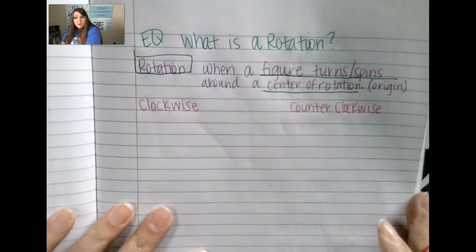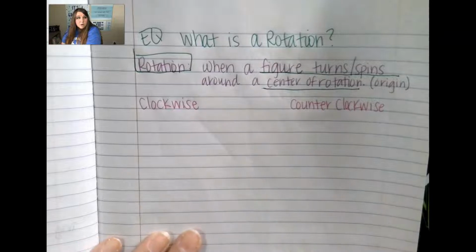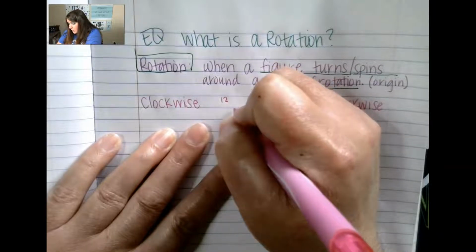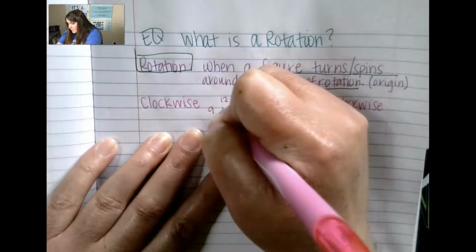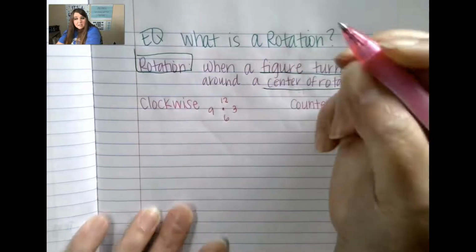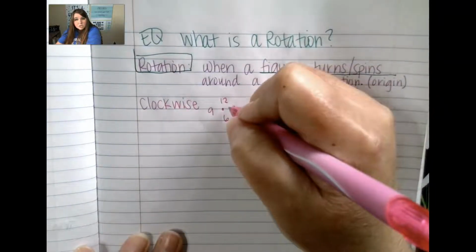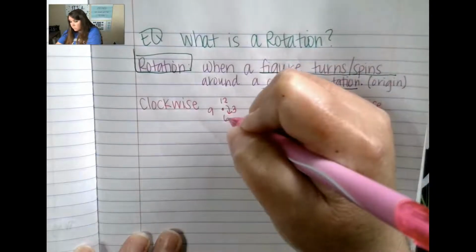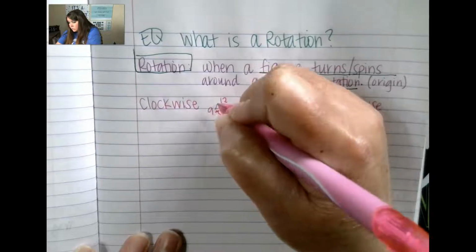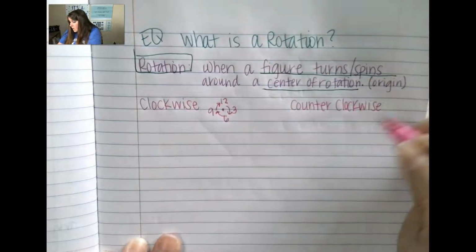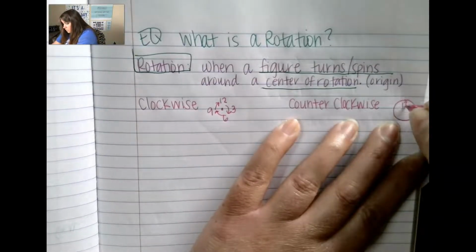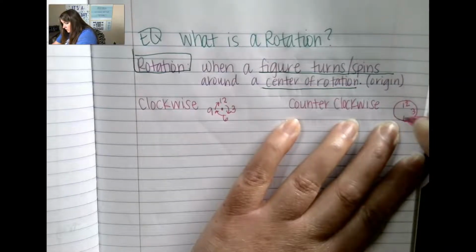Let's think in your head, or you can picture it on paper, what a clock looks like. You have a clock that's 12, and then 3, 6, 9. Here's the center, where the hands of the clock would go. A clockwise rotation rotates the right way, just like a normal clock would do. A clock that's moving counterclockwise, there's your 12, there's your 3, 6, and 9. Here's your center.